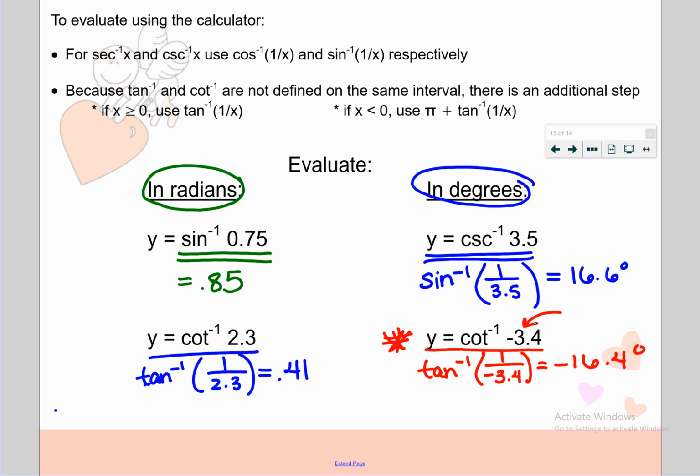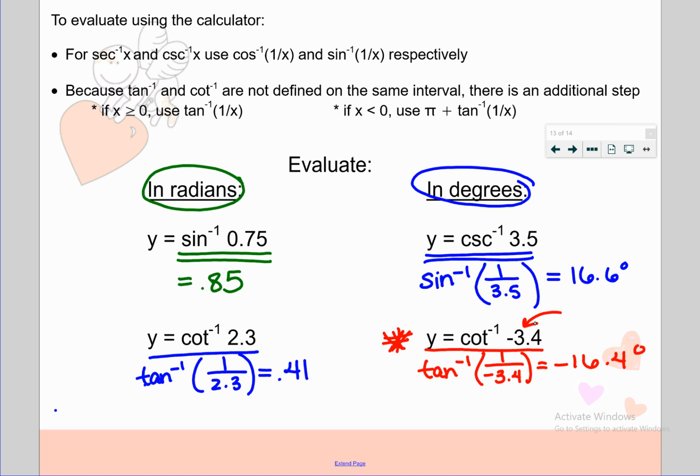Cotangent, this is the only case where the two reciprocal functions are in different quadrants. Cotangent is in 1 and 2. So if I'm evaluating an inverse cotangent, I need an answer in quadrant 1 or quadrant 2. What quadrant is this answer in? 4. And it's spitting out an answer in quadrant 4 because that's where inverse tangent is defined.